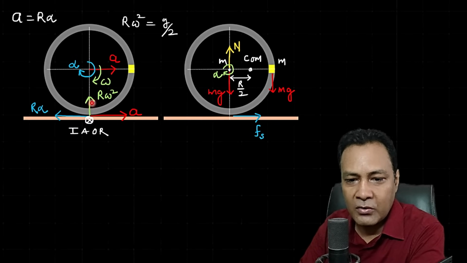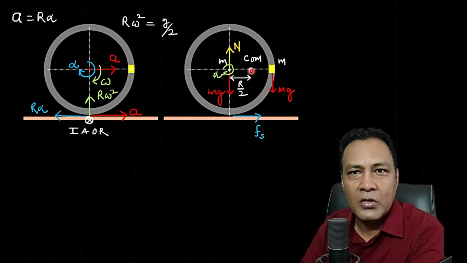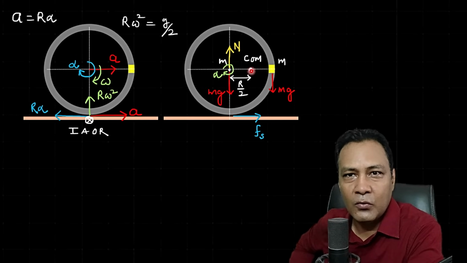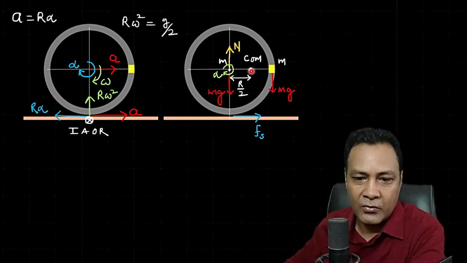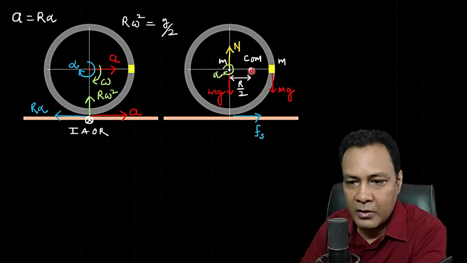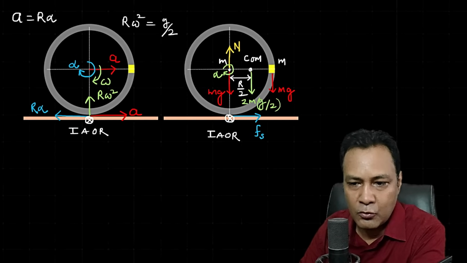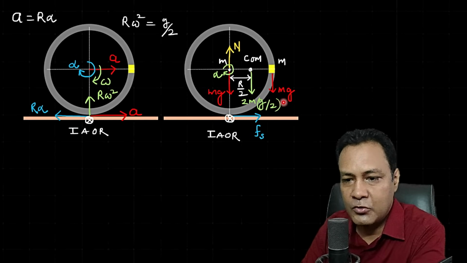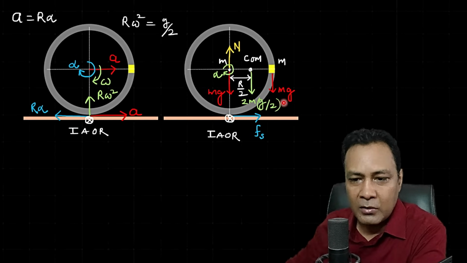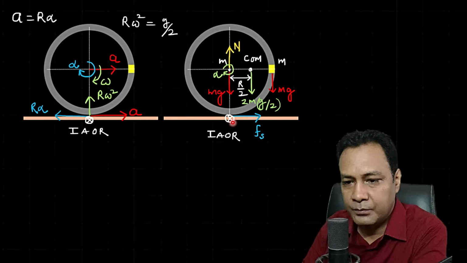So the acceleration of the point of contact is g by 2. So at the center mass we have to put a pseudo force, net total mass into acceleration, in the opposite direction of the acceleration of that point. So here the pseudo force would be 2m into g by 2. So 2m into g by 2 is simply mg, and now we can easily calculate alpha.